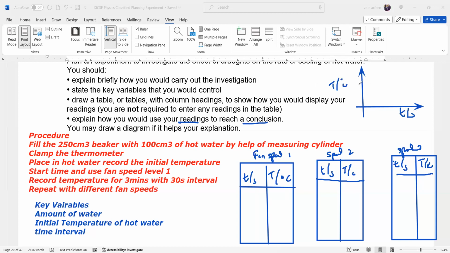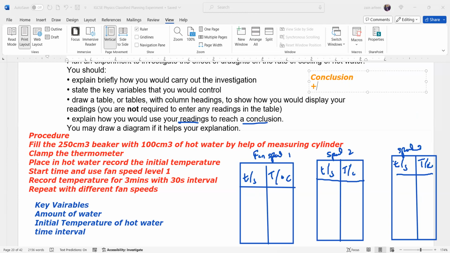If you have a steeper graph, it means a faster rate of cooling. If the gradient or slope is smaller, it means a slower rate of cooling. So this has a higher rate of cooling because it's much steeper. But you're not supposed to draw this graph. You just mention this point, or you can just label the axes.